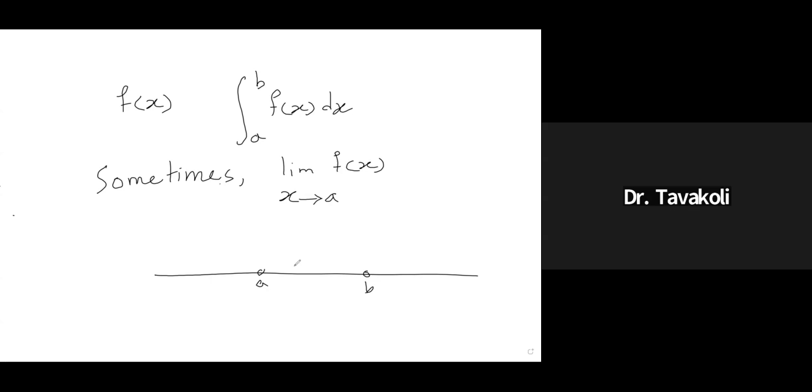So over that interval, approaching a is from the right side. As you have seen in Calc 1, we put a plus sign on the upper right corner of a, showing that x approaches a from the right side. So sometimes this limit is plus infinity or minus infinity.